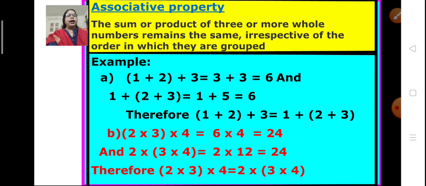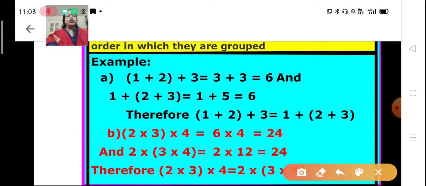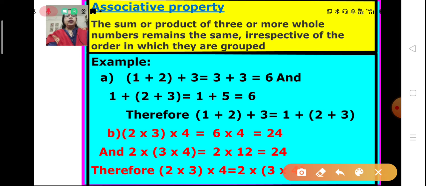For example, we have 1 plus 2 plus 3. Here 1 and 2 are grouped together and their sum we add to 3. So 3 plus 3 becomes 6. If we change the grouping, if we group 2 and 3 together and add them, and their sum is added to 1, that is 1 plus 5, then also we get 6 as the answer.